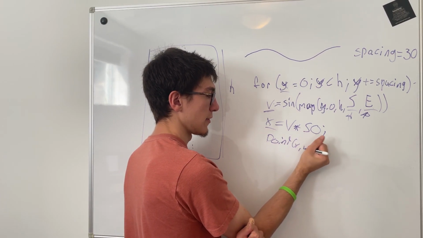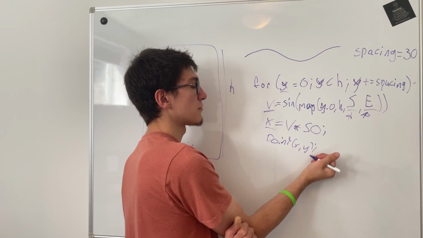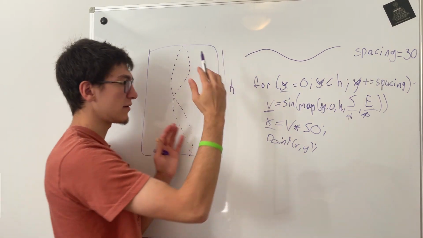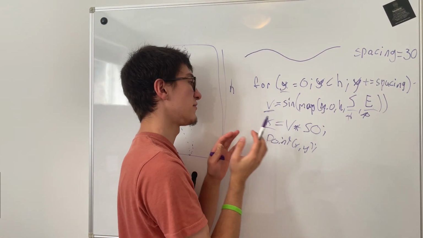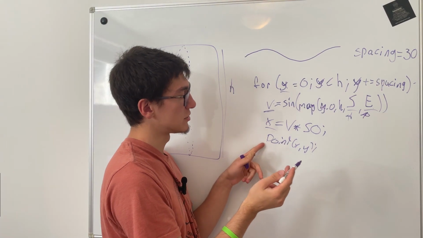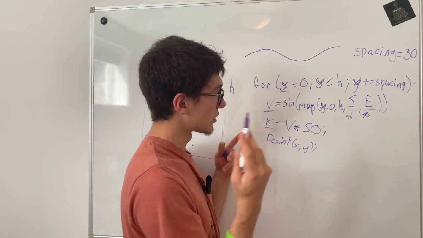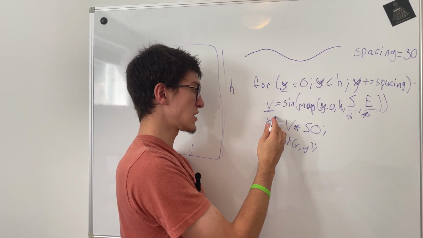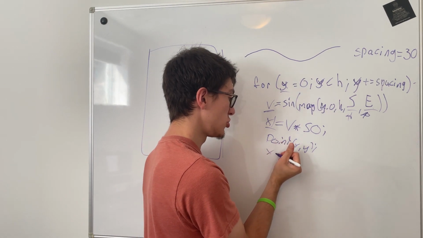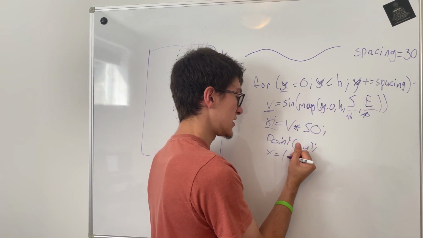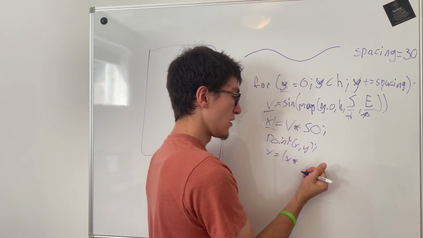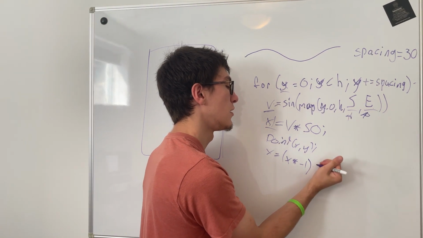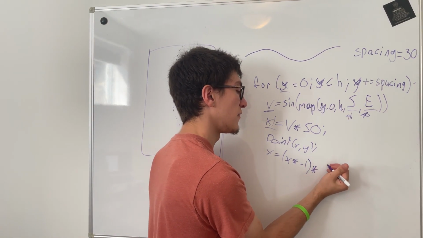So let's start with this, and then we can add the other wave that goes basically on the inverse of it. I think I could do the point at the same time, because what I'm thinking is just multiplying v by minus 1. So this would be x1, and maybe x2 is equal to parentheses v times minus 1, times 50.